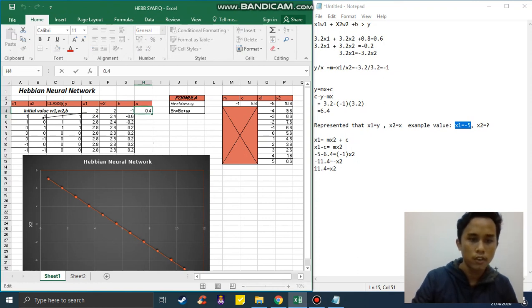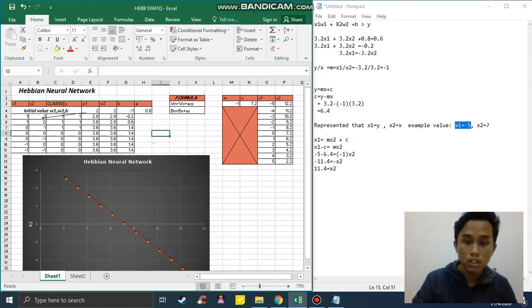If I increase the value of alpha to 0.8, the values also change, and the graph of the straight line will move rightward.